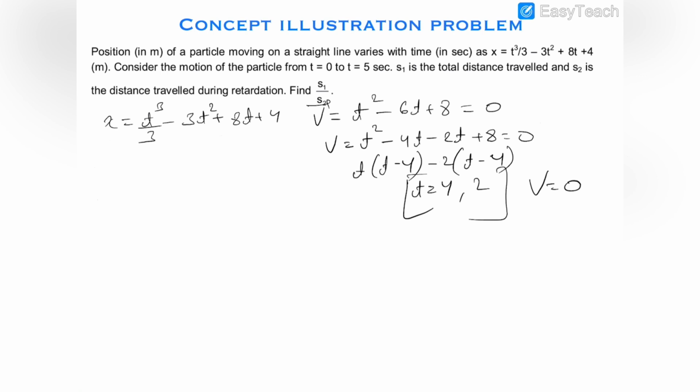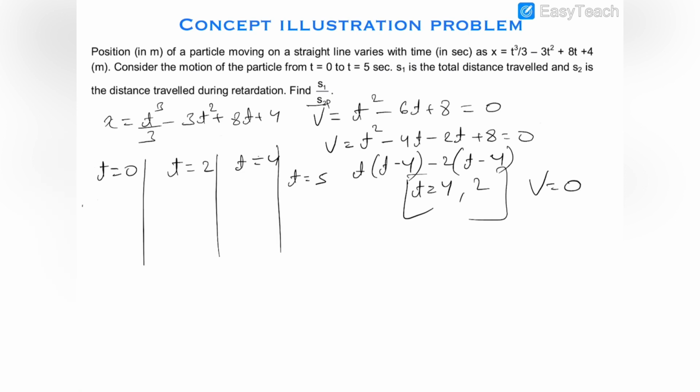So let us first use the basic concept that we have to trace the particle at 3 instants. The first instant is t equal to 0. The second one is t equal to 2 and 4, when velocity is 0. And the last one is t equal to 5. So let us trace the particle.